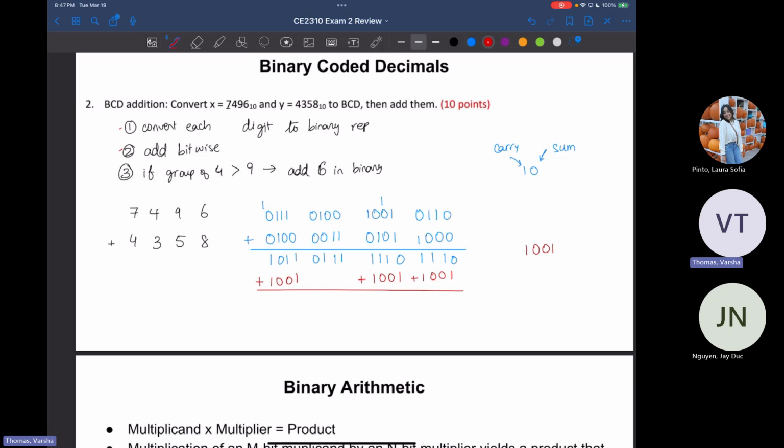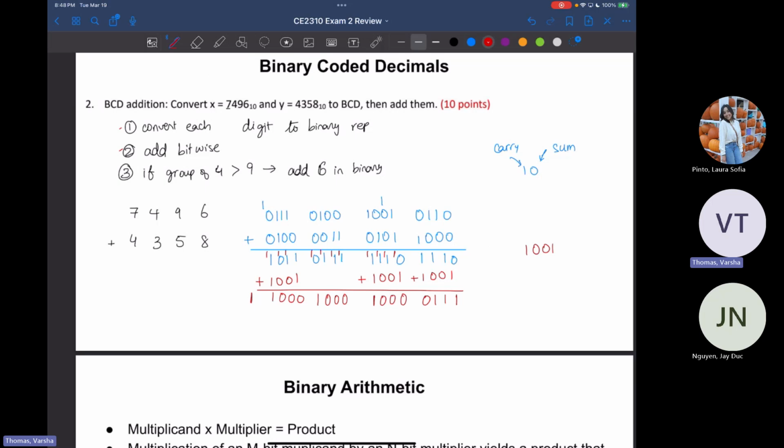So when we add this together, you have 0, carry the 1, 0, carry the 1, 0, carry the 1, and then we have an extra bit here.